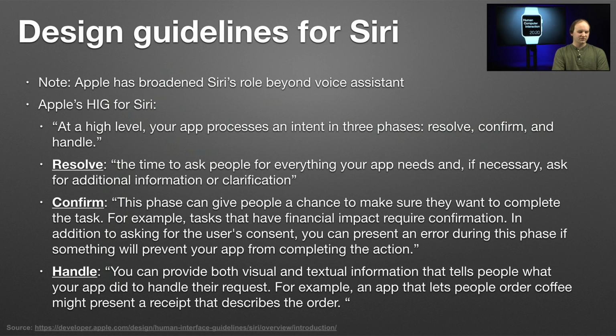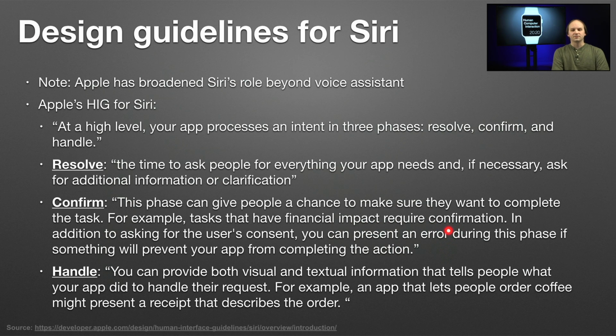Initially you get some input from the user. The resolve phase is where you would ask for any clarification or anything that you don't have that you do need. The confirmation phase is for anything that has an impact that needs confirmation, whether that's sending a message or buying something.